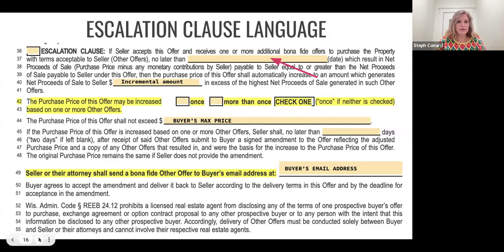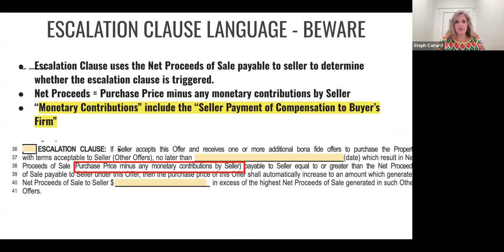So we're going to enter into a big-time gray area right now, and I just want to prep you guys for that. The escalation clause uses the net proceeds of sale payable to the seller to determine whether the escalation clause is triggered.